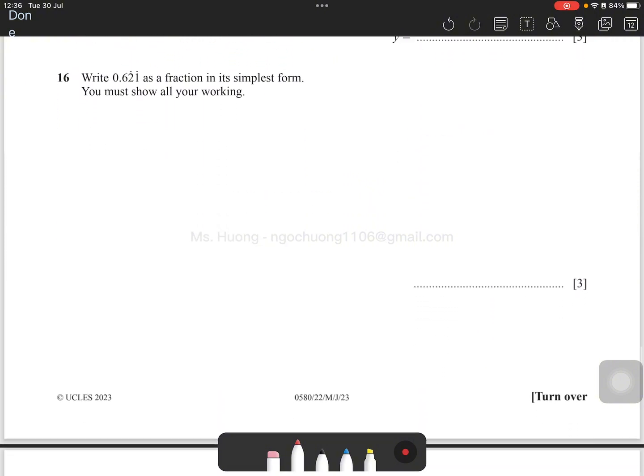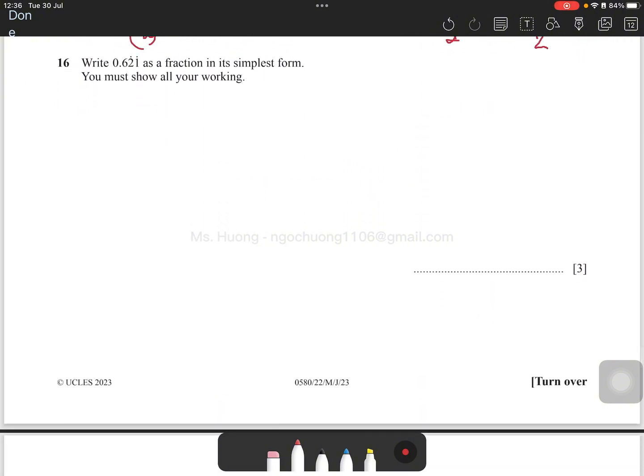Question 16. Write 0.621 recurring as a fraction in its simplest form. You must show your working. First, we let x be 0.621 recurring. Then, to remove the decimal part, we can multiply this by 1,000. 1,000x equals 621.21 recurring.